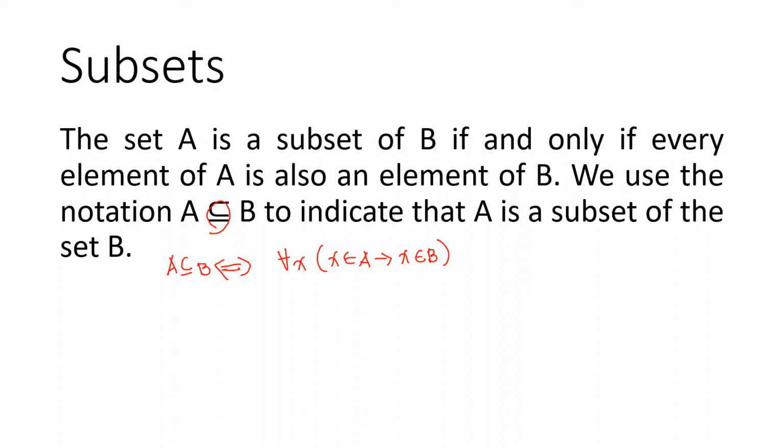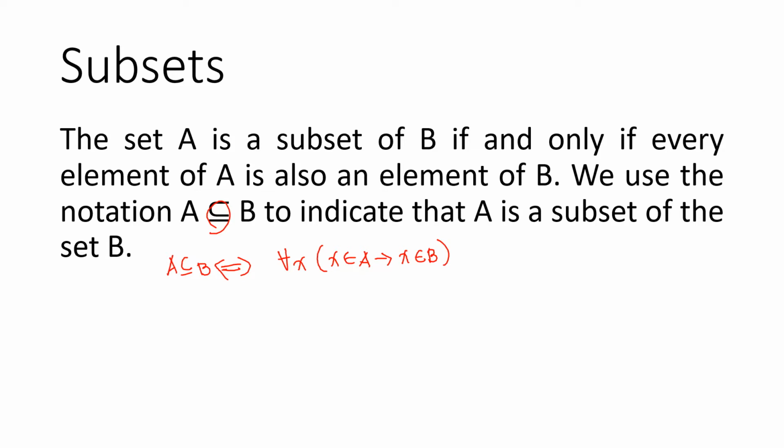You already learned this one in grade 7, I believe. Showing that A is a subset of B, we have to show that if x belongs to A, then x also belongs to B.